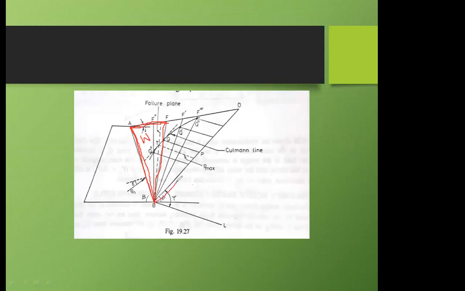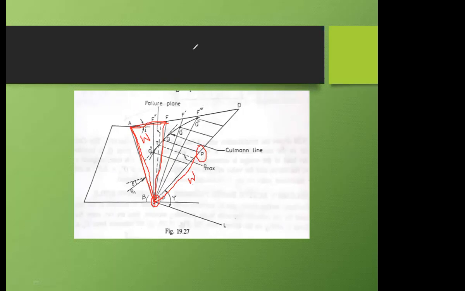BP is equal to W. You need to represent the weight magnitude on the BD line, starting at point B and ending at point P. Wherever the weight ends on the graph, that end point is considered to be P.